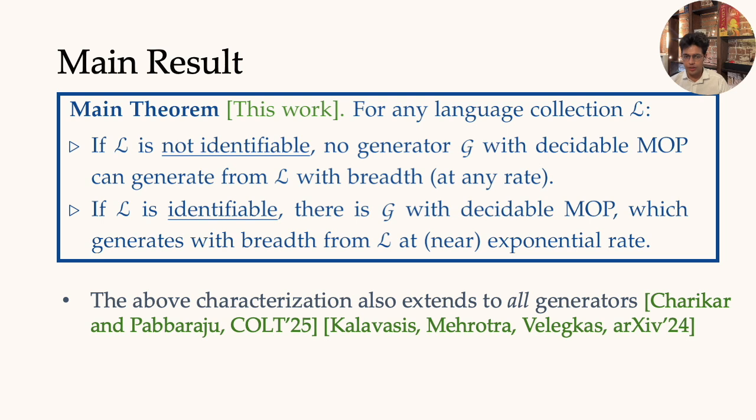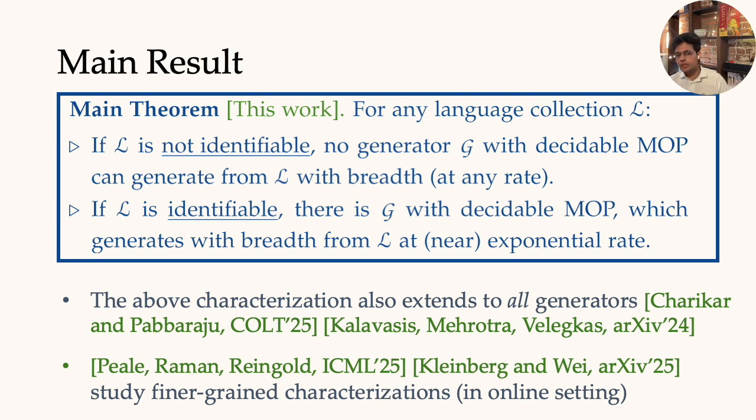This was extended by the work of Charikar and Pabbaraju and a follow-up work of our own to all generators, whether their MOP is decidable or not. Further, the above only looks at certain coarse notions of achieving breadth, either the generator having exact breadth for the whole language or having no breadth at all.